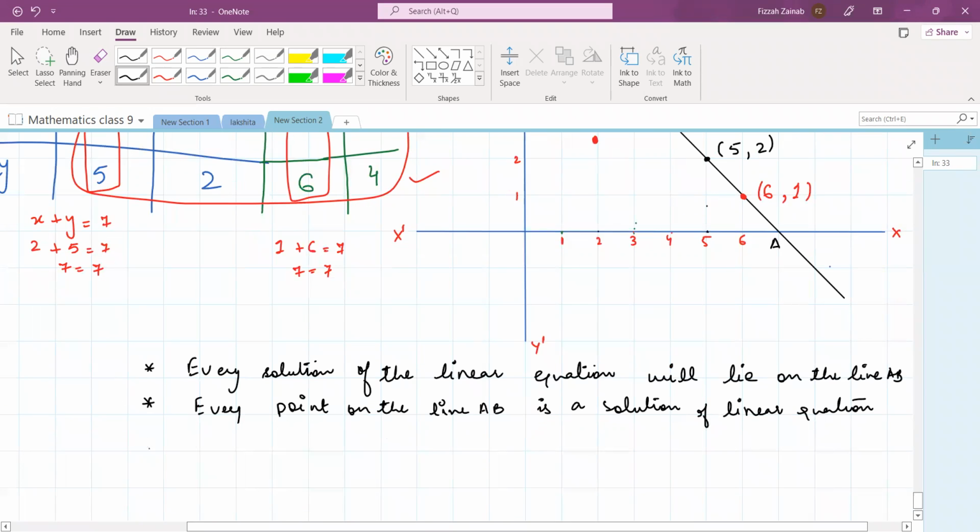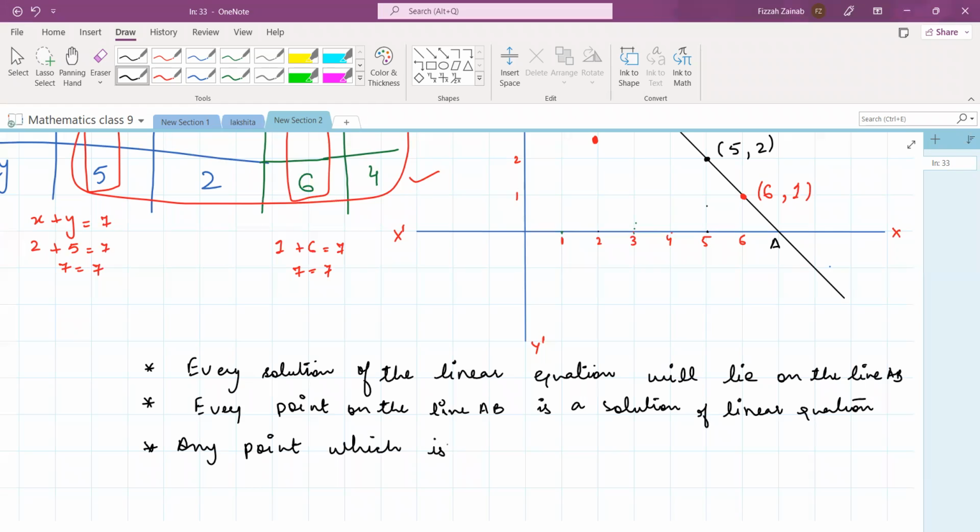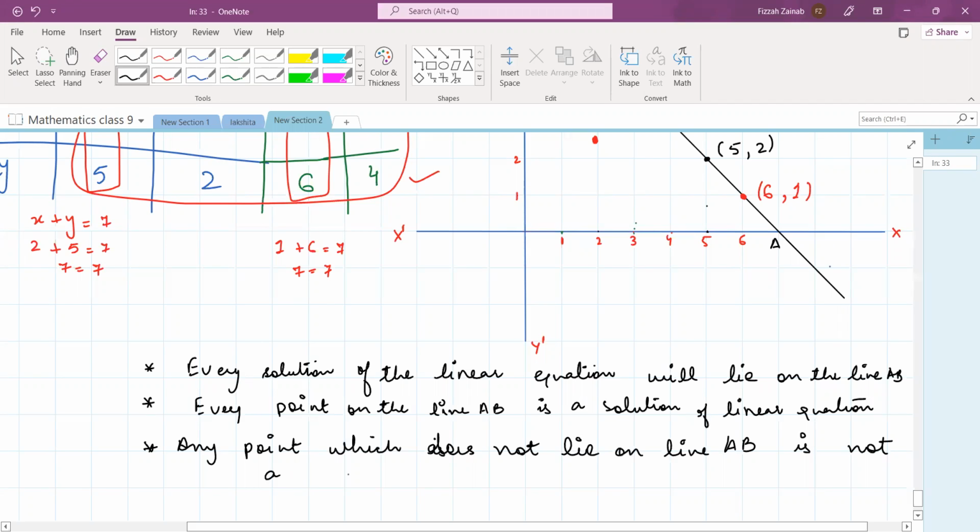And the third, you can note that any point which is not lying on AB, which does not lie on line AB, is not a solution. So I hope you have understood this thing.